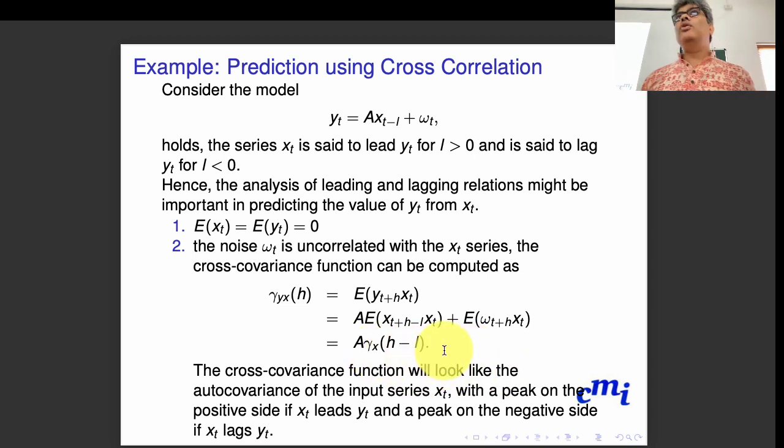If I write code to calculate the autocovariance function of the X series and multiply it with a, I will get the cross covariance of both series X and Y. That means you can reduce your overall coding effort, and simple matrix multiplication will give you the entire cross covariance function.